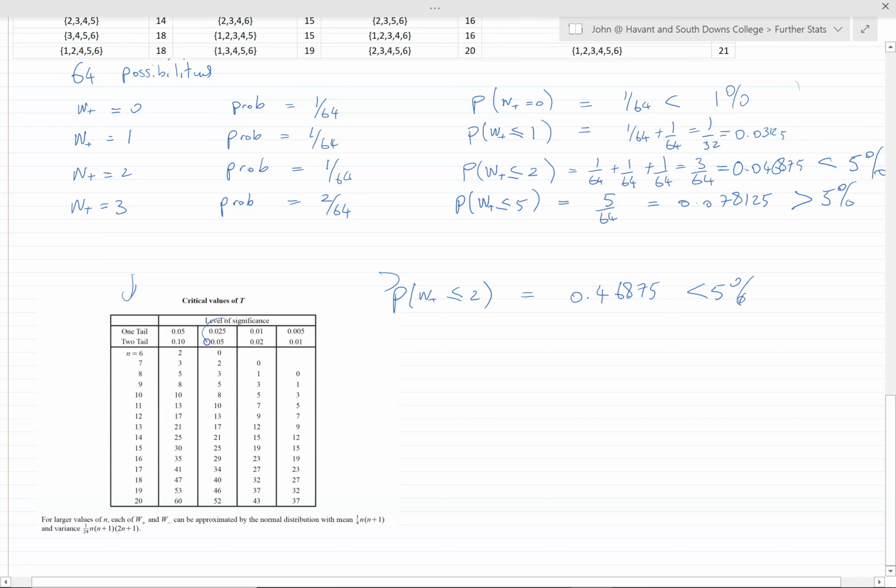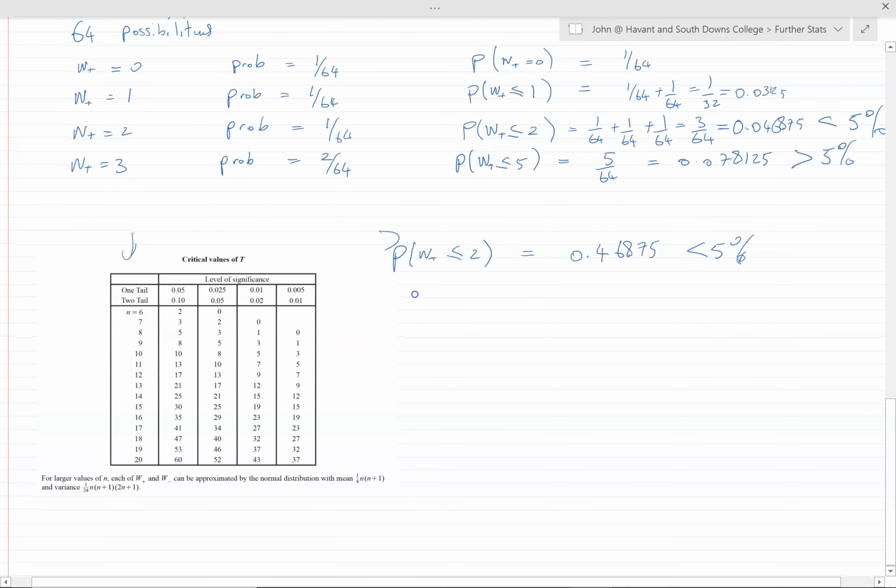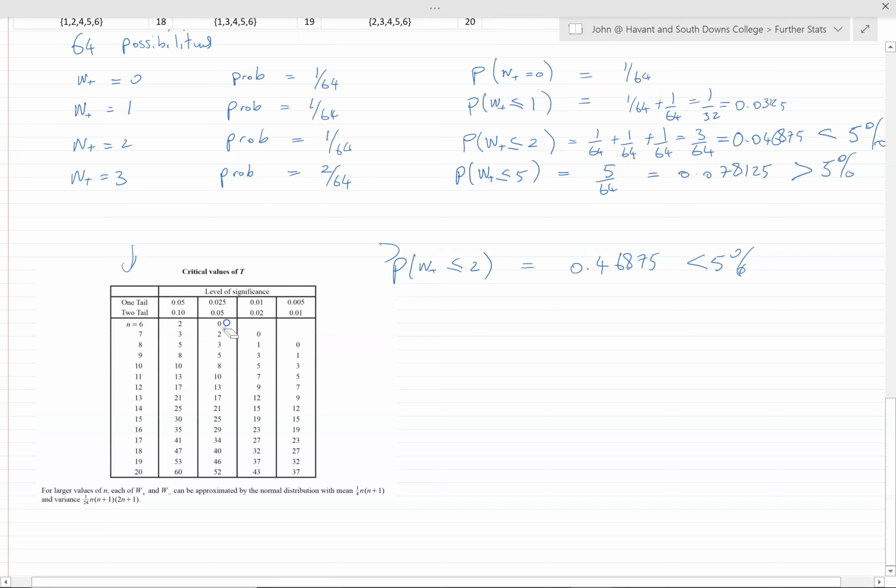So for 2.5% one-tailed or 5% two-tailed, you need 0, because this here is less than 2.5%, but this bit here is greater than 2.5%. Which is why we need to have 0 for a 2.5% significance level, or a 5% two-tailed test.